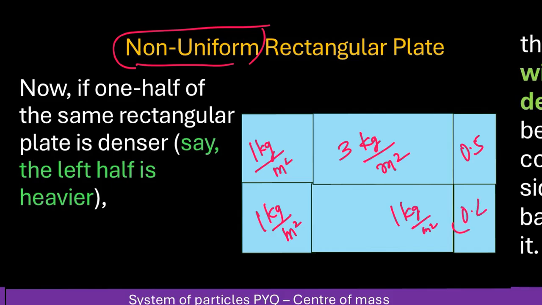That would make either of the sides heavier or denser. So maybe the left hand side or the right hand side is denser or lighter. That depends upon the distribution.